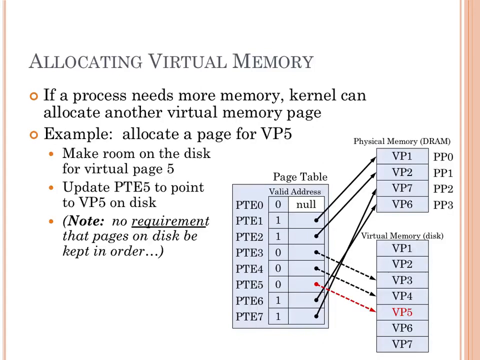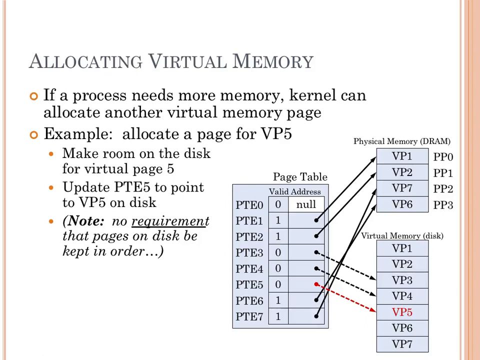Okay, program needs more memory, so we can allocate more memory. So this is the whole issue of virtual page 5 was unallocated. That address range was not available to the program. If a fault had occurred there, the operating system would have had to say, you don't have anything in that address range, you're terminated.